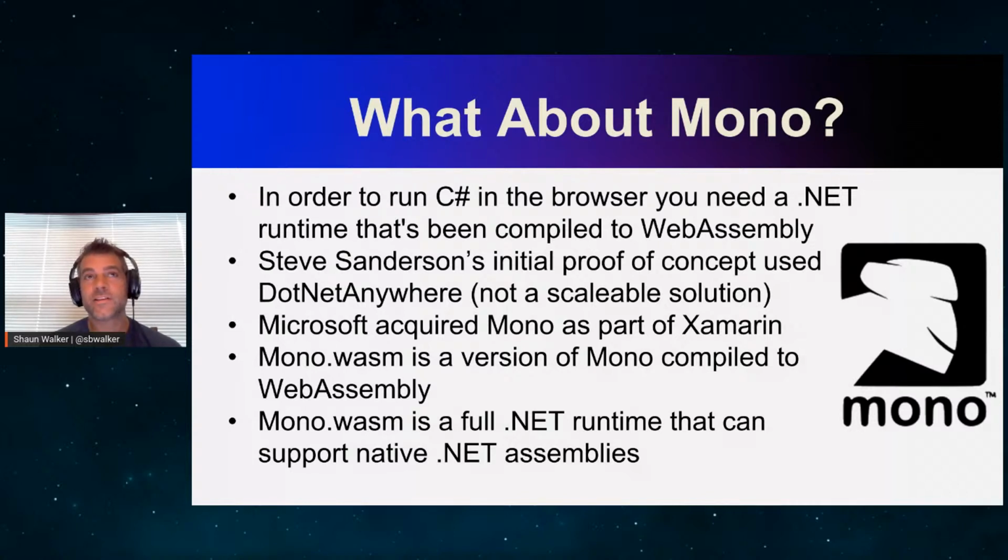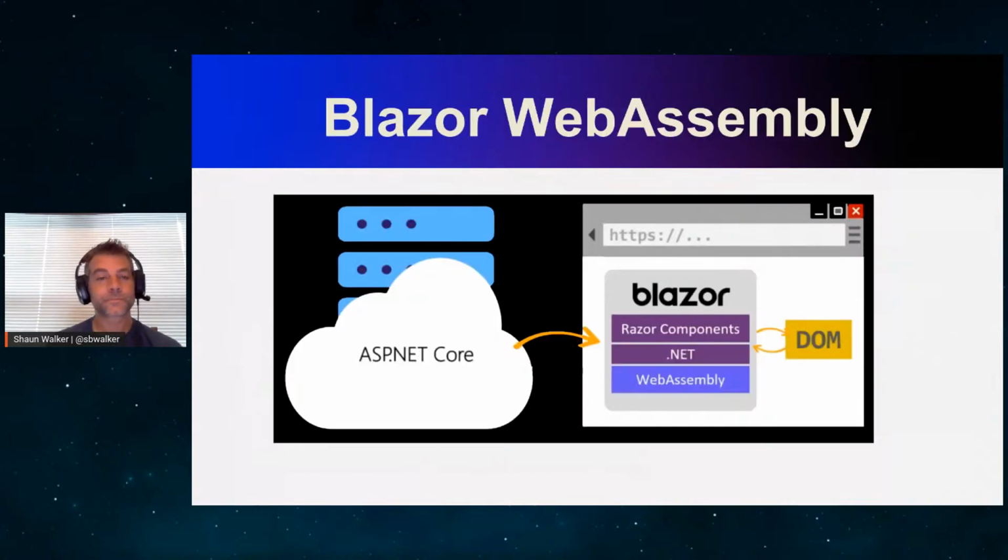And they had already done some experimenting on building a Wasm version of Mono. And so, of course, that was a great coincidence, because that's exactly what Microsoft needed to build a more robust solution for WebAssembly. So underlying the Blazor WebAssembly solution is mono.wasm, which is now, of course, part of Microsoft and fully maintained, and a key part of the overall Blazor WebAssembly solution.